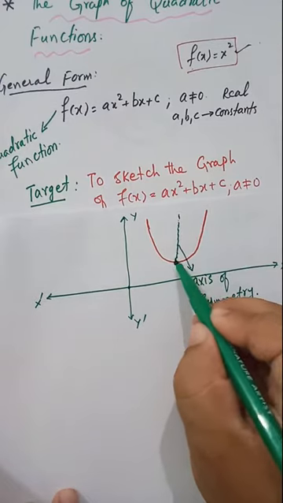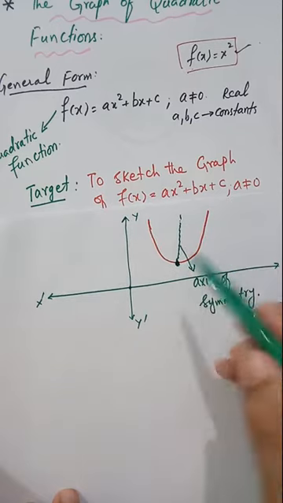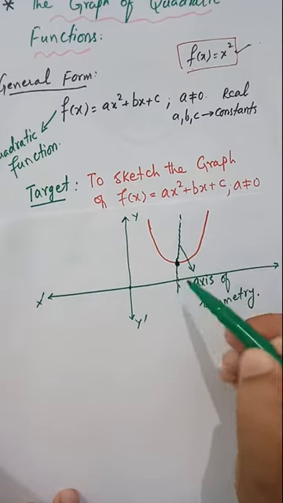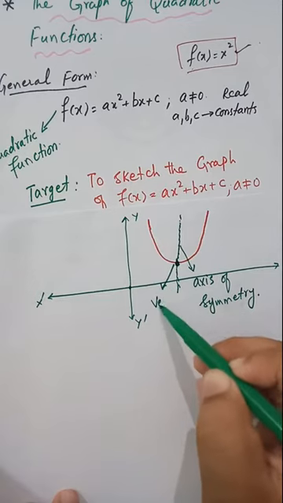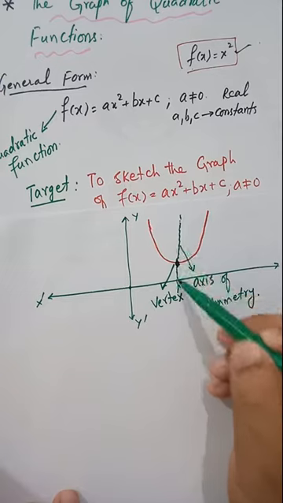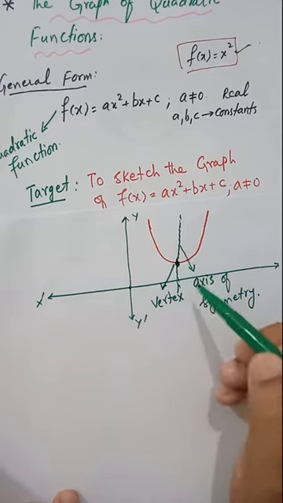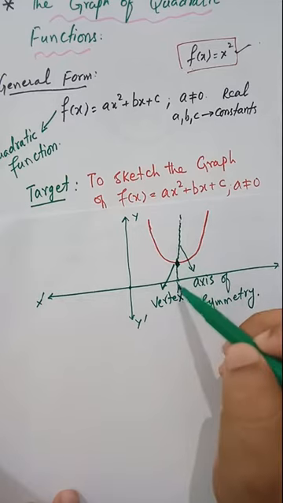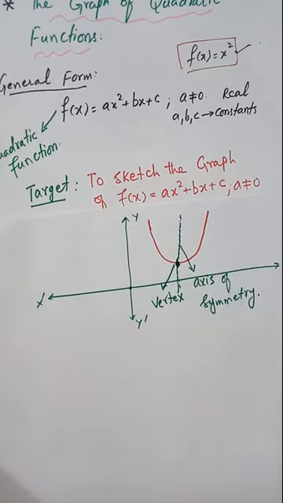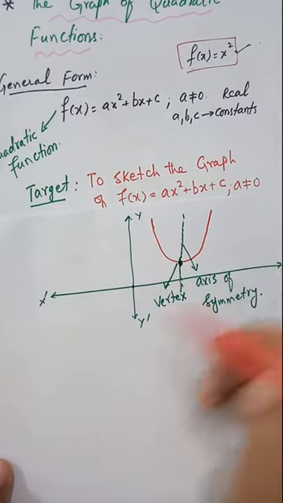and the lowest point through which this axis of symmetry of the parabola passes is called the vertex. This parabola may be in this shape also. Now in this case you see that the branches open upward.